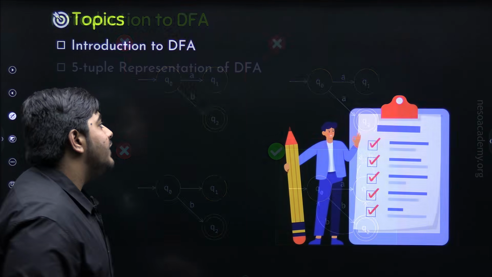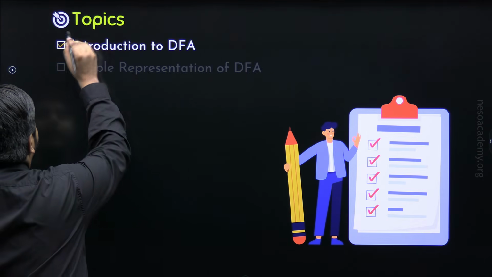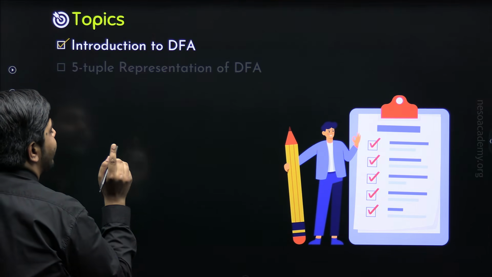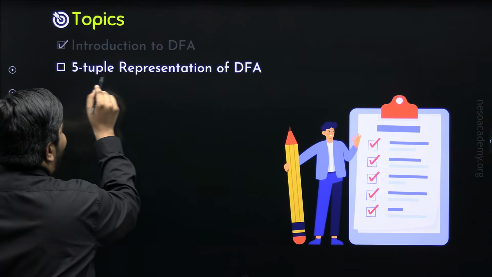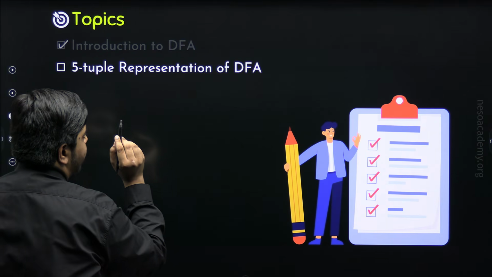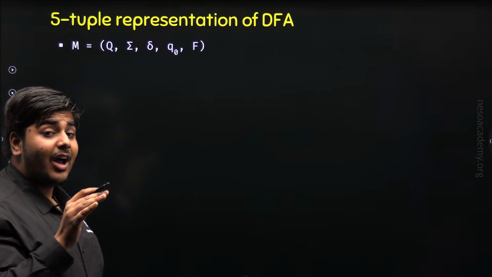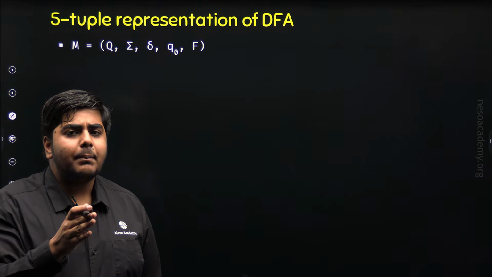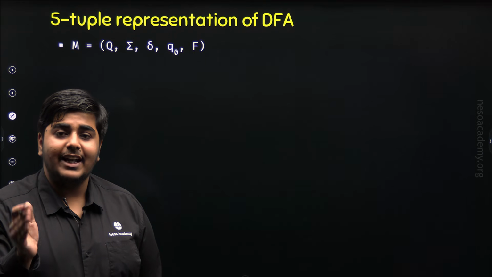In this way, we are done with our very first topic, Introduction to DFA. Now we are going to proceed with our second topic, that is the five-tuple representation of DFA. Now, while explaining grammars, I have already told you the meaning of the word tuple. Tuple is the ordered collection of elements.